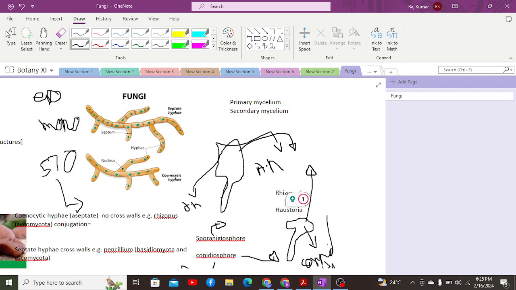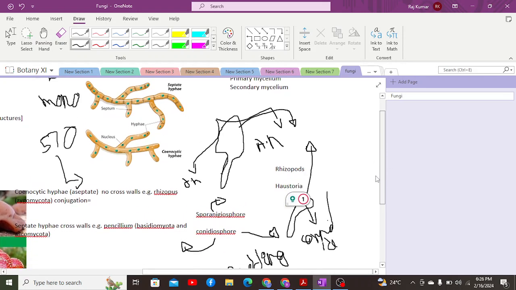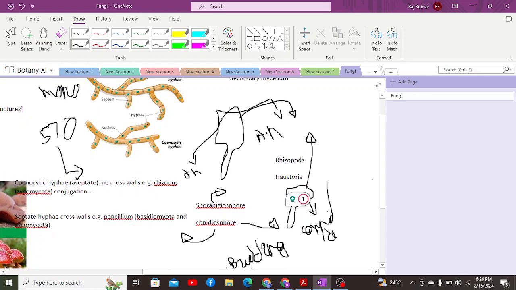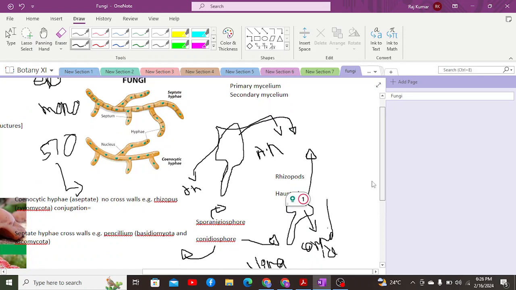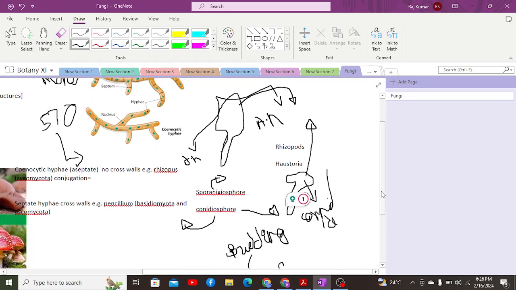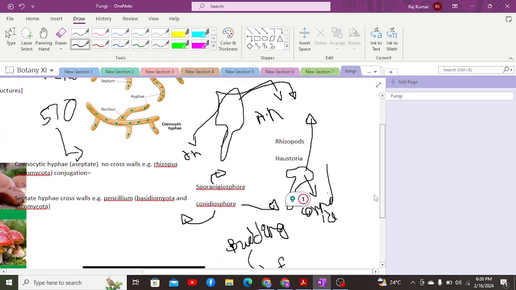So fungi can be a possibility, but still it is only believed that the evolution occurred from red algae, because both of these are non-motile structures. Both do not have any sort of flagella, so it is possible that fungi evolved from red algae.